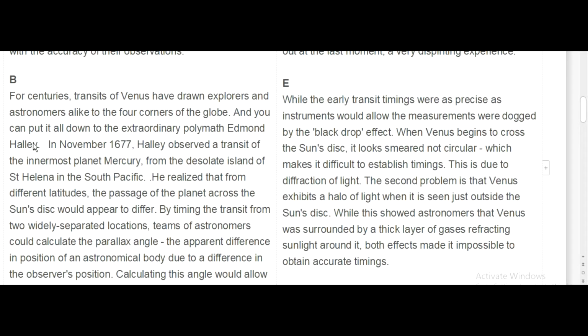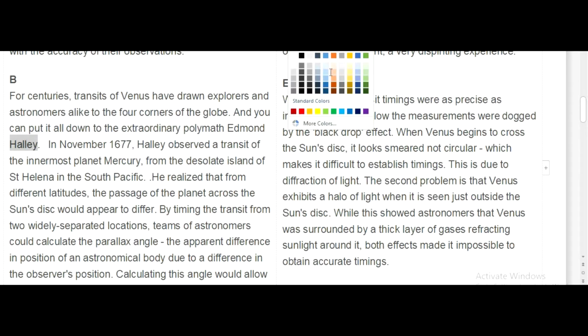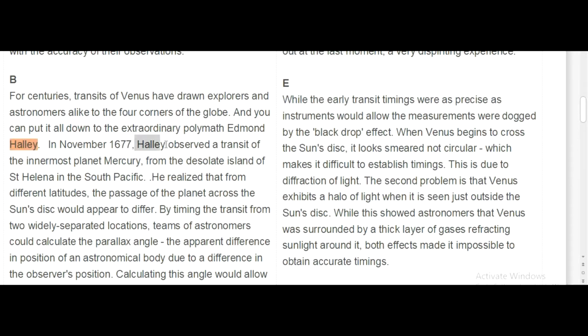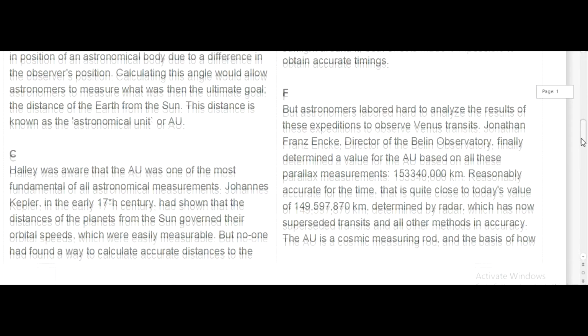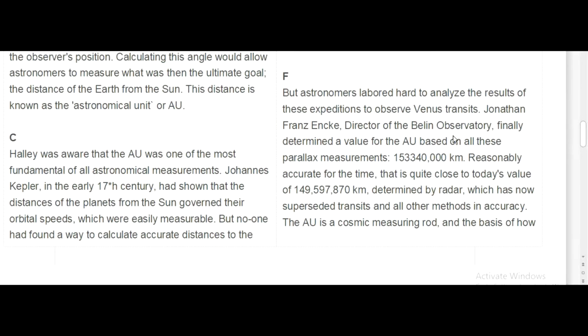Halley here. The Halley word appears here.